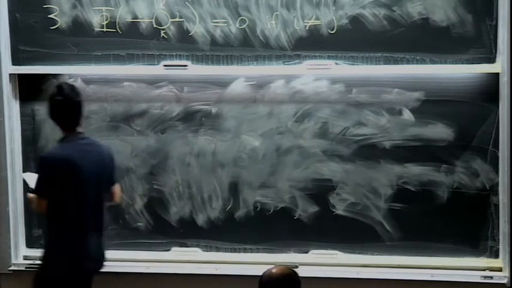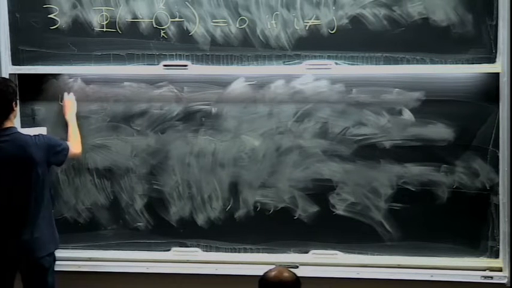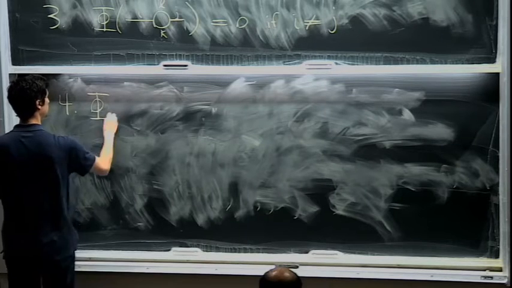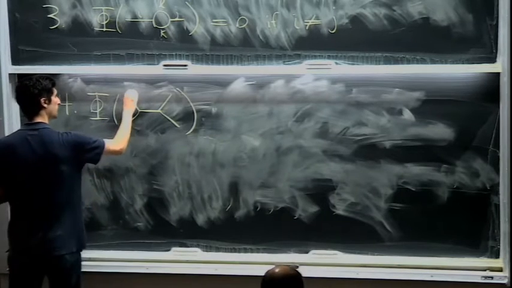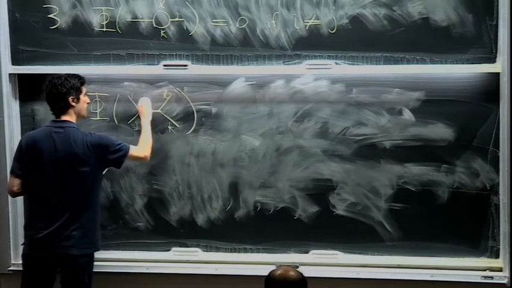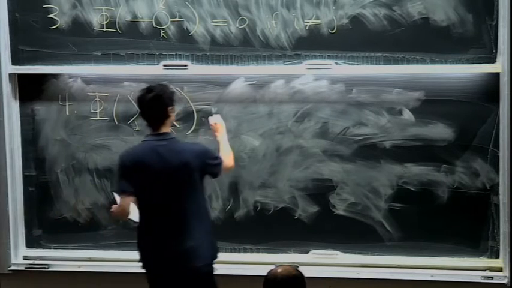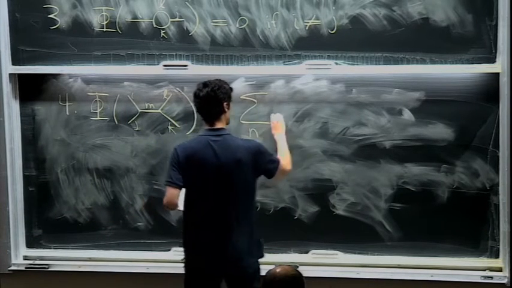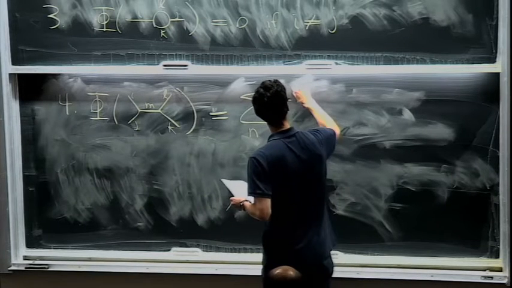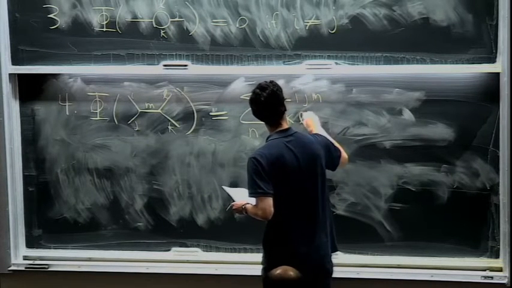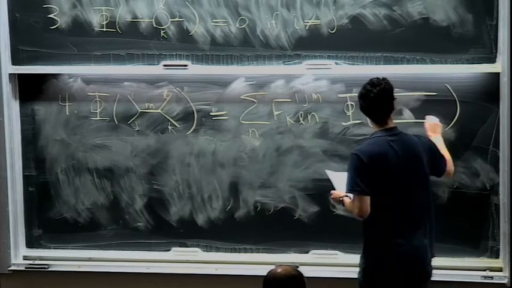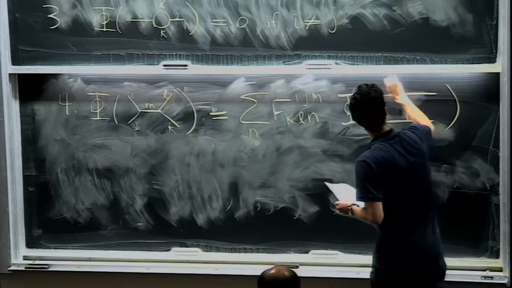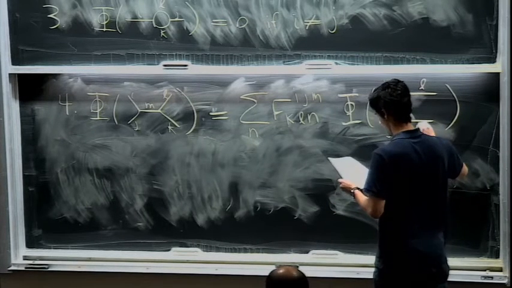Okay, and then the last one, 4, is this. IJKLM. ILJKN. Okay.